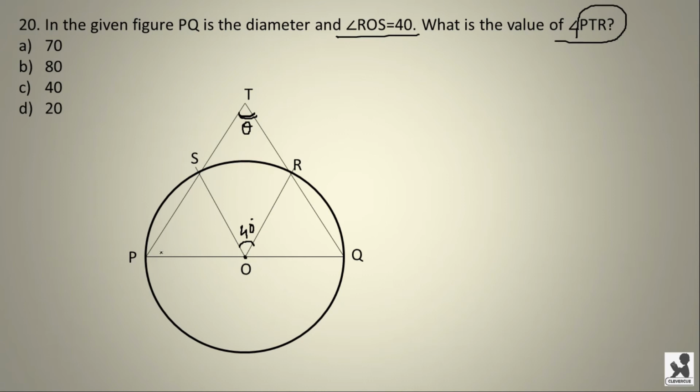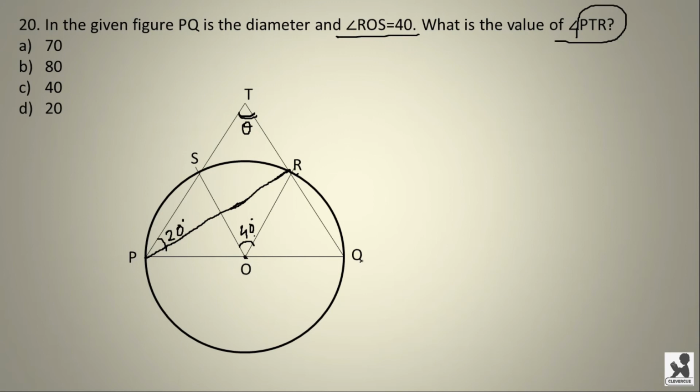Now if we join PR, we can see that angle made by SR at the center is 40 degrees. Then angle made by the minor arc SR on the major arc at point P will be half of 40, that is 20 degrees.